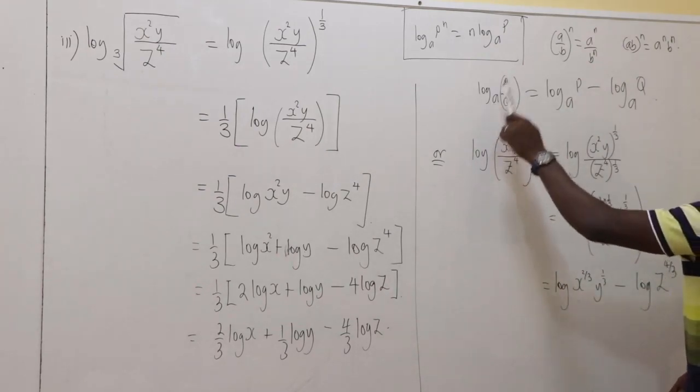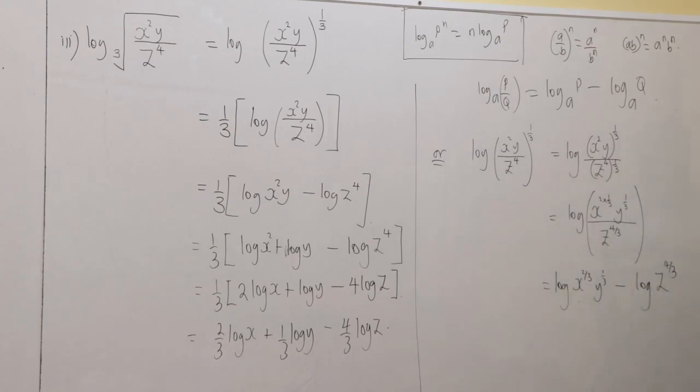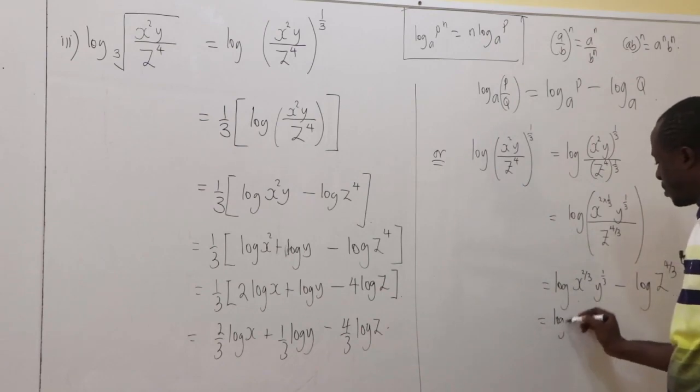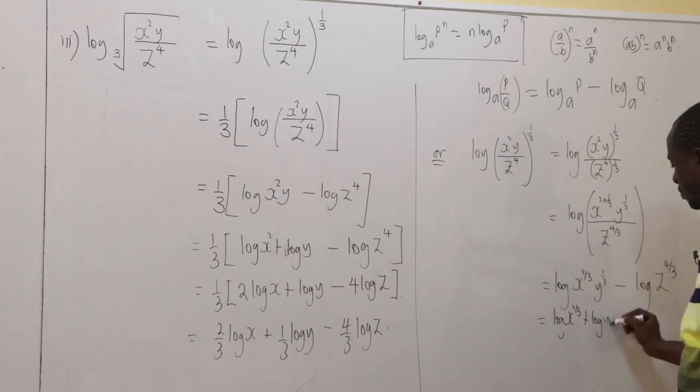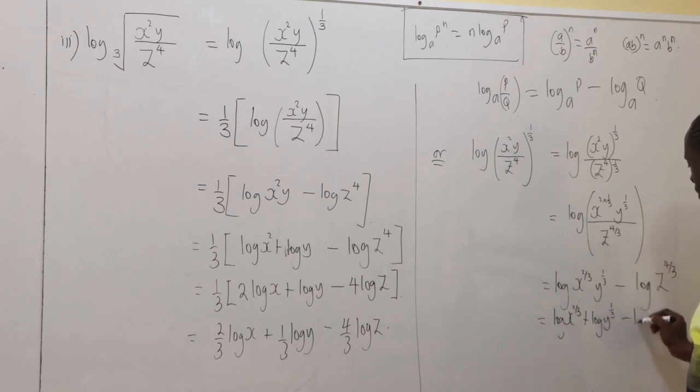So if you have log a of p over q, we can express it as log a of p minus log a of q. So when you're dividing, we subtract. Now with the multiplication, we have log x to the power 2 over 3 plus log y to the power 1 over 3 minus log z to the power 4 over 3. Now the 2 over 3, 1 over 3, and 4 over 3 can come down using the third law.